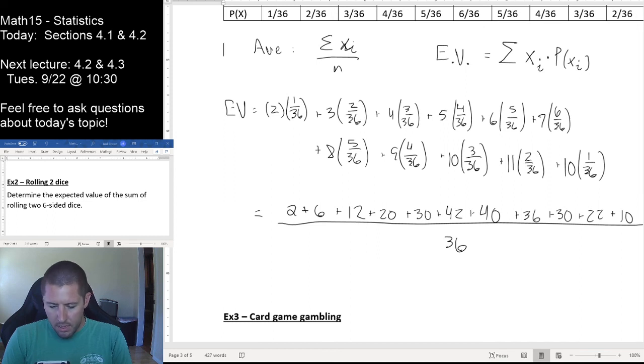I'm off by a tiny smidge in my calculator. I'm trying to see what I threw in here. 2 plus 6 plus 12 plus 20 plus 30 plus 42 plus 40, 36, 30, 22, 10.